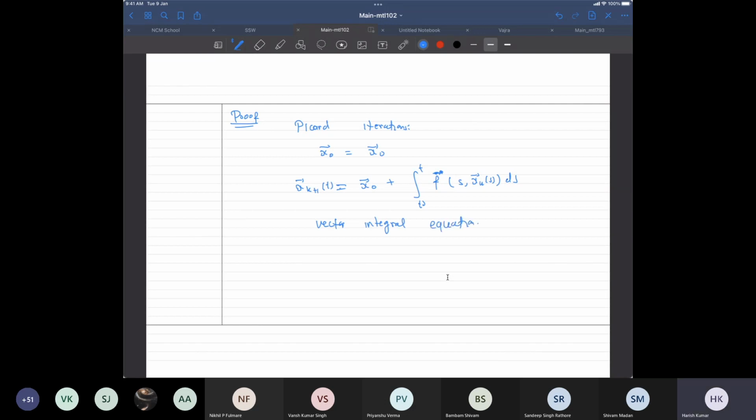Following exactly the same line of proof, you can show that this sequence of vector functions converges uniformly to a vector x of t.